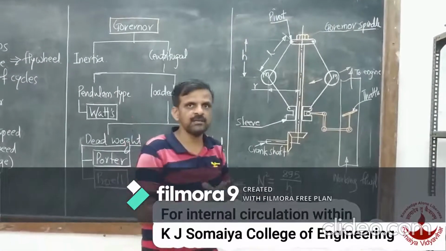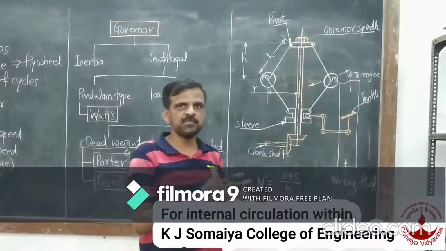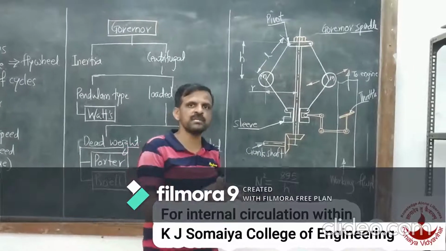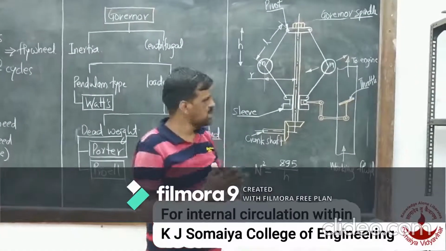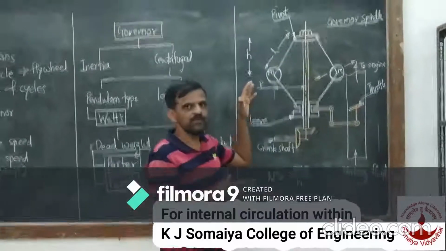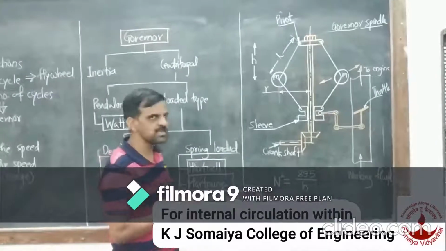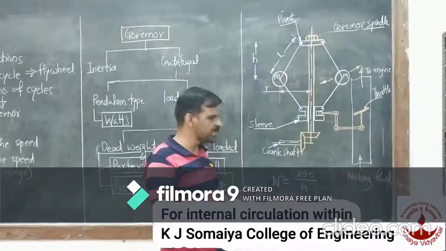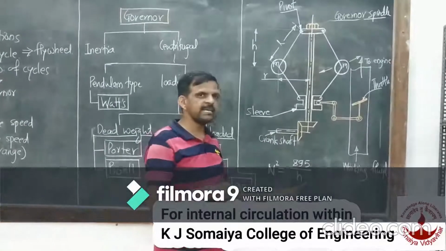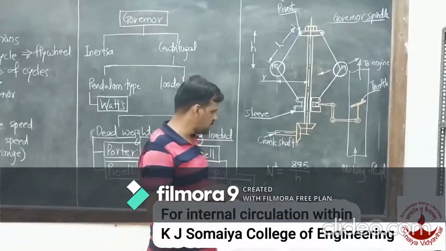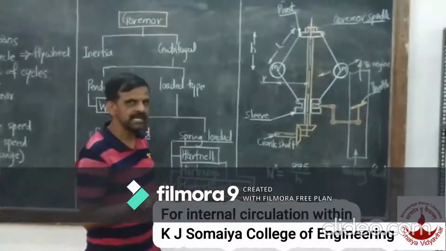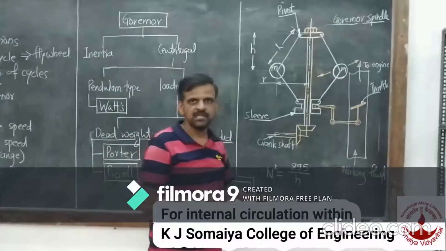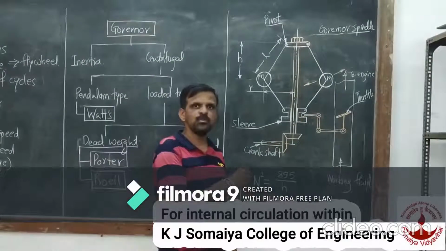So we have a relation that the speed of the governor is inversely proportional to the height of the governor. In case of Watt's governor, when we analyze it, we get the equation that the square of speed, N squared, is equal to 895 divided by the height of the governor, H.